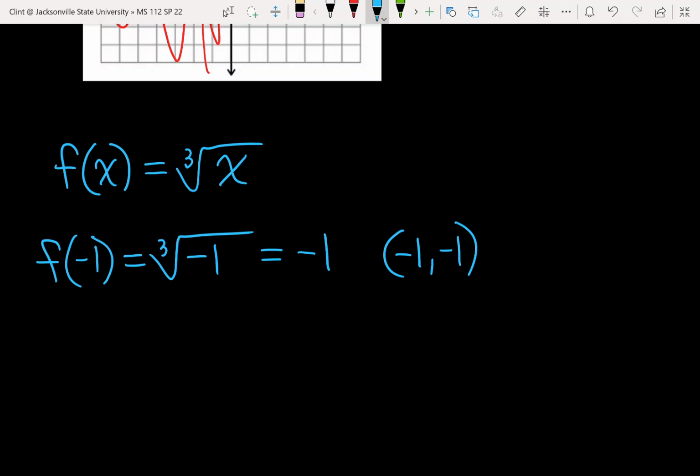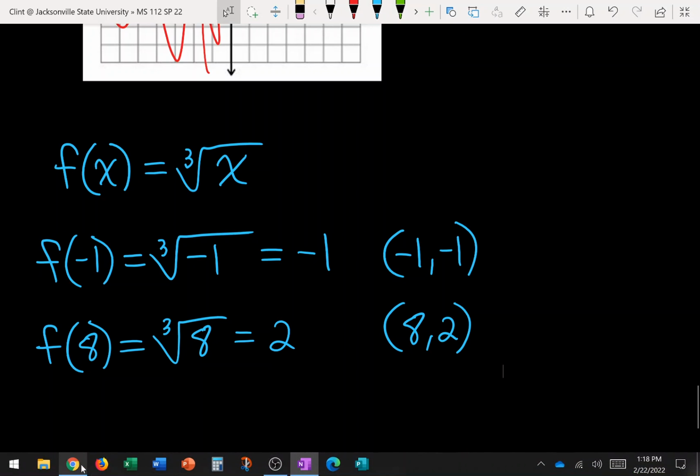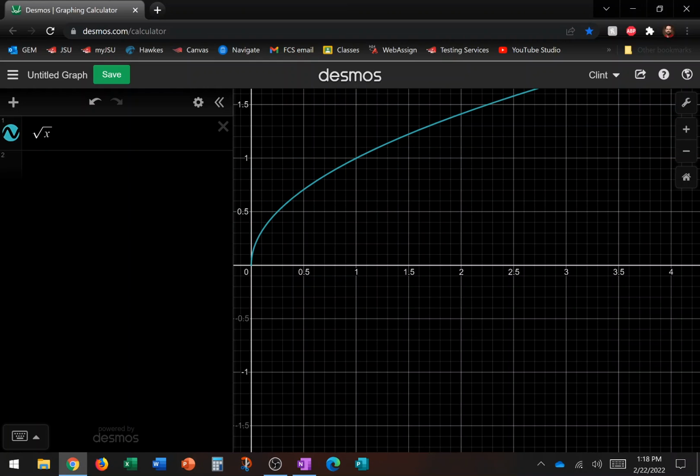So that's okay. Cube root of 0, 0. Cube root of 8 gives us 2. So let's just look at what this one looks like. We won't go through all of them. Okay. So the basic shape.